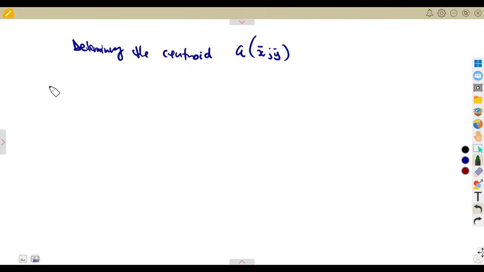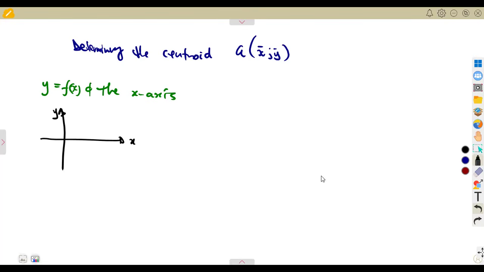If you are given a condition where y is equal to f of x, between this and the x-axis, let me present a sketch here of what I'm referring to.